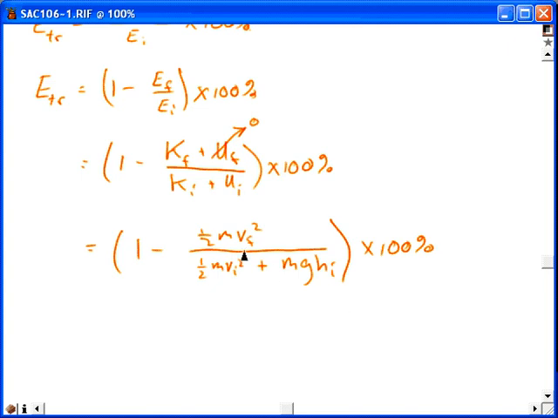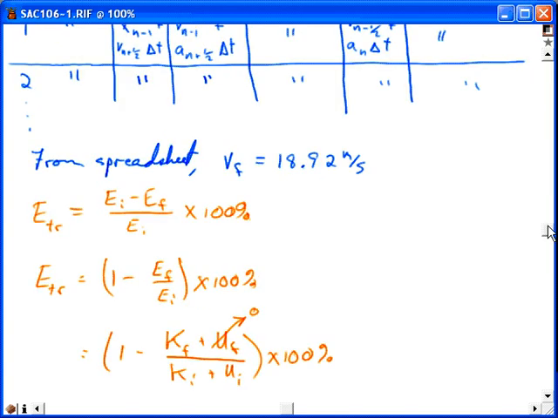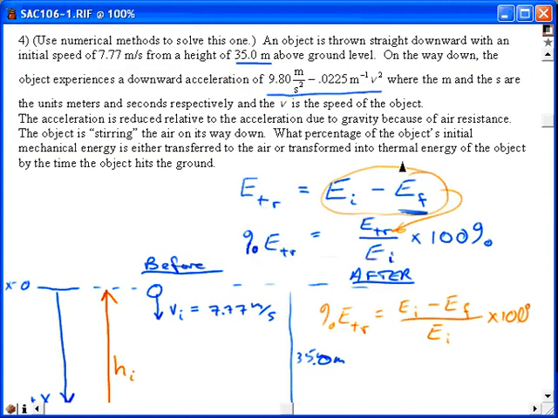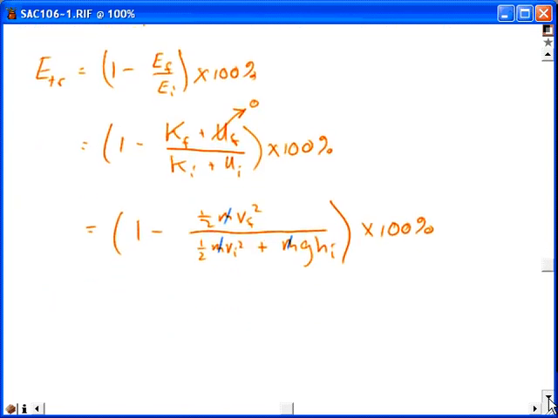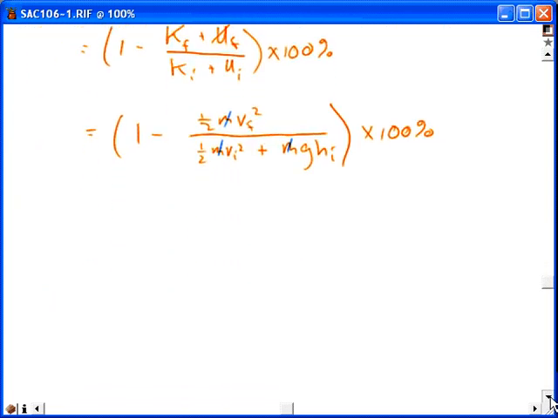Now the thing is, the masses cancel. I think it's a good thing too, because I don't believe they gave us the mass. It would have said an object of mass such and such. So we don't need the mass, and we don't have it.